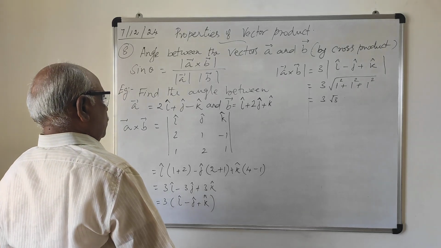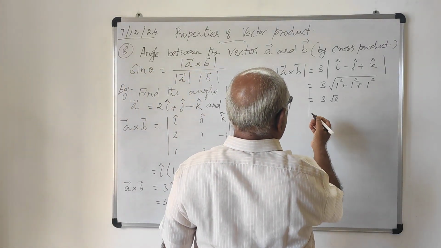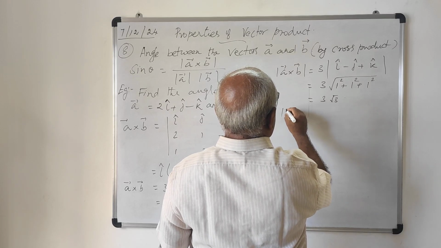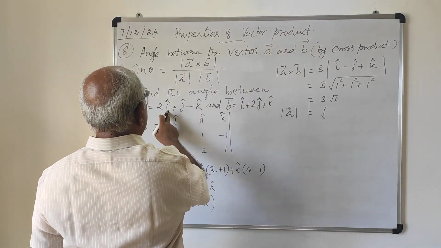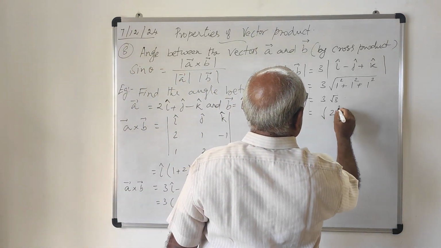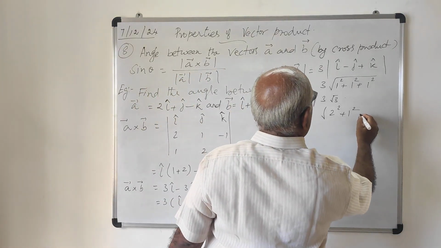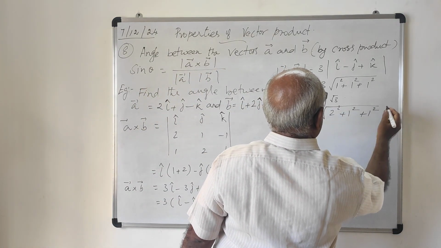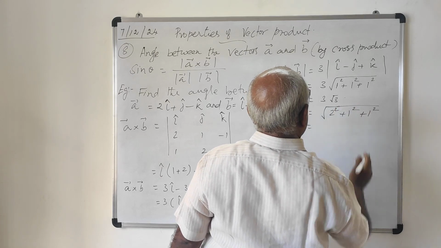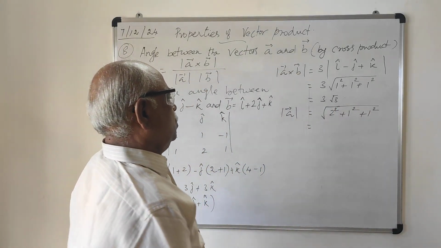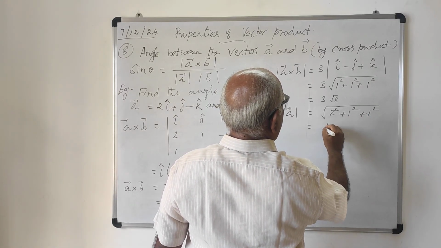And we need the modulus of A. The modulus of A is the root of 2 square plus 1 square plus 1 square. On squaring, minus becomes plus. So this is 4 plus 1 plus 1, 6, root 6.